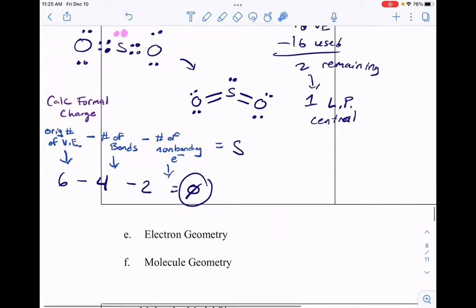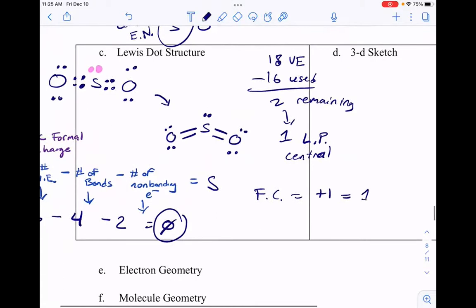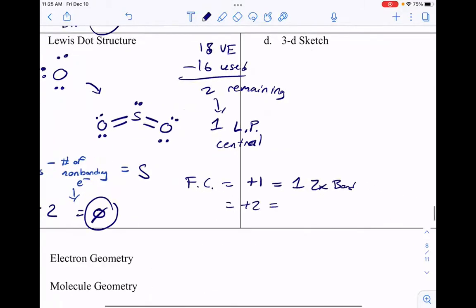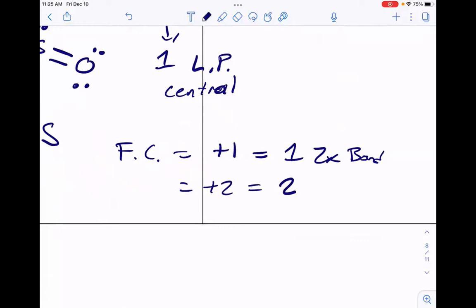All right, and so if your formal charge is +1, then that means that you need 1 double bond. If your formal charge is +2, you have 2 options. You need 2 double bonds, or you have 1 triple bond.